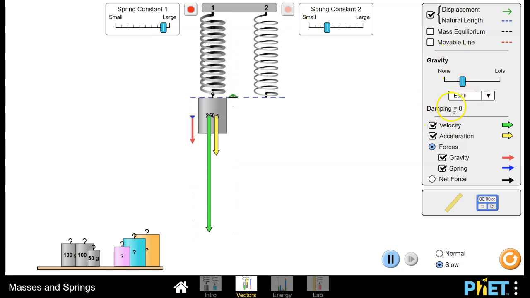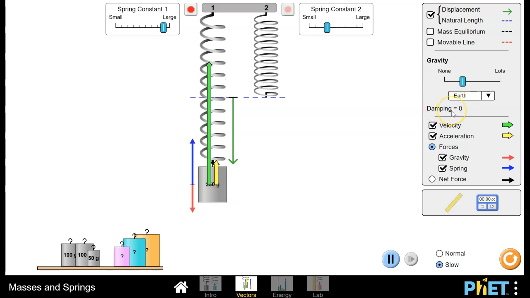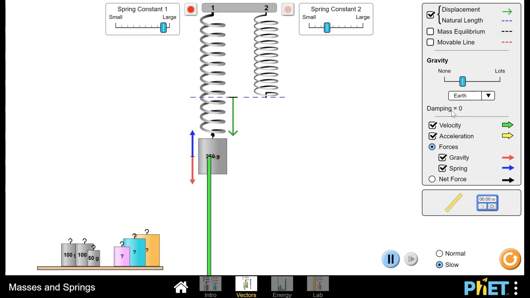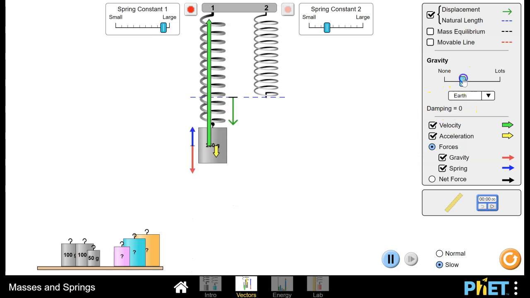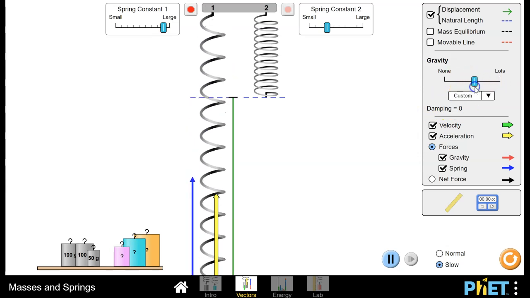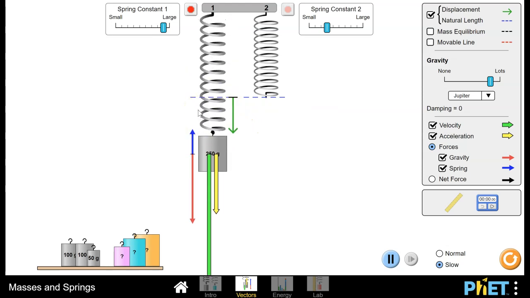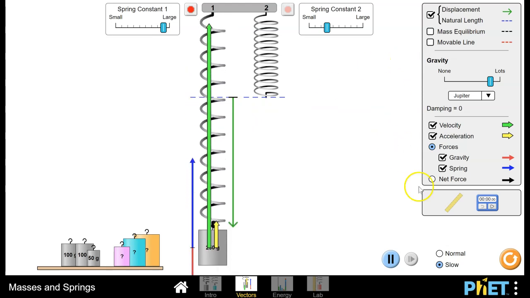If I add some damping, damping is an external force acting on the spring that's going to cause it to slow down a lot quicker. Right now I have my damping set to 0. I can also change the amount of gravity. And as I change the amount of gravity, for example on Jupiter, we see the gravity force vector, the weight force vector, is a lot larger than it was.